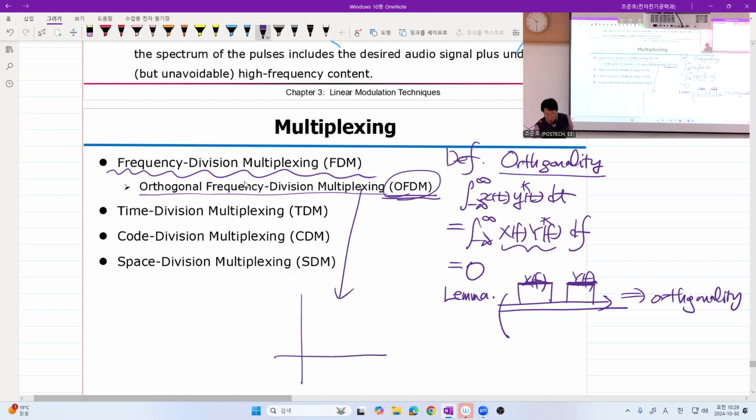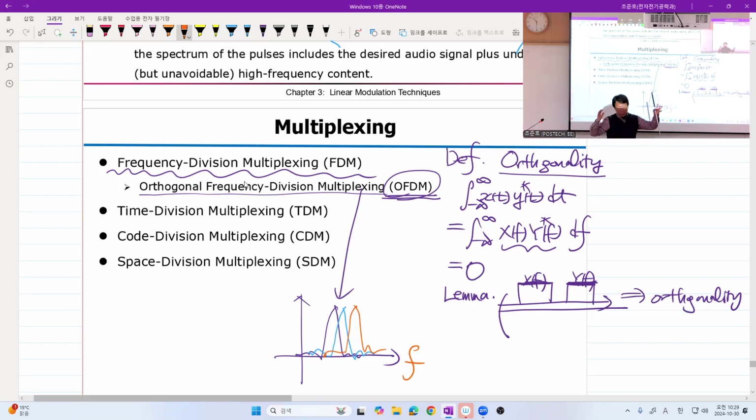So usually the spectrum looks like this. We have some signal here, power spectrum precisely speaking, but another signal overlaps, and another signal overlaps in the frequency domain, but they keep orthogonality.